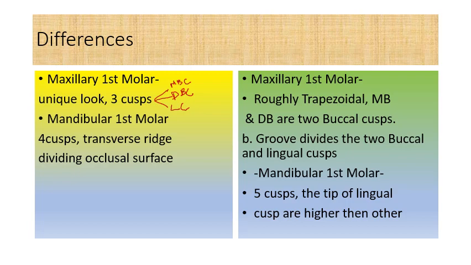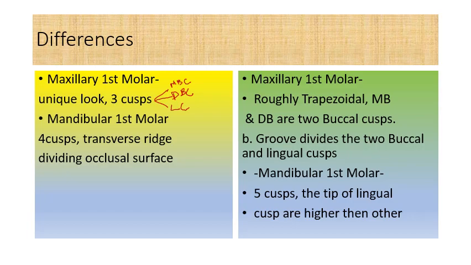In the maxillary first molar, it is roughly trapezoidal in shape. There are 4 cusps present, 2 buccal cusps and 2 lingual cusps, with the grooves dividing them on buccal surface and on lingual surface. The mandibular first molar has got 5 cusps, functional cusps, which I have taught you, and the tips of the lingual cusps are higher than those of the buccal cusps.